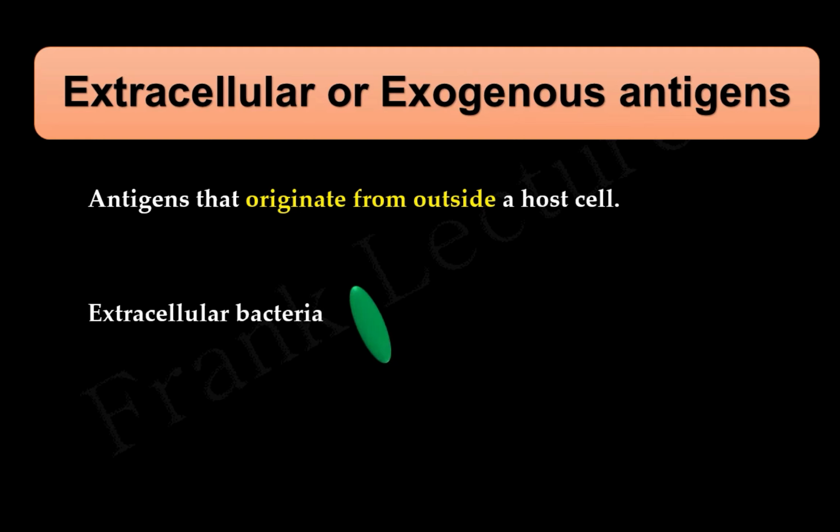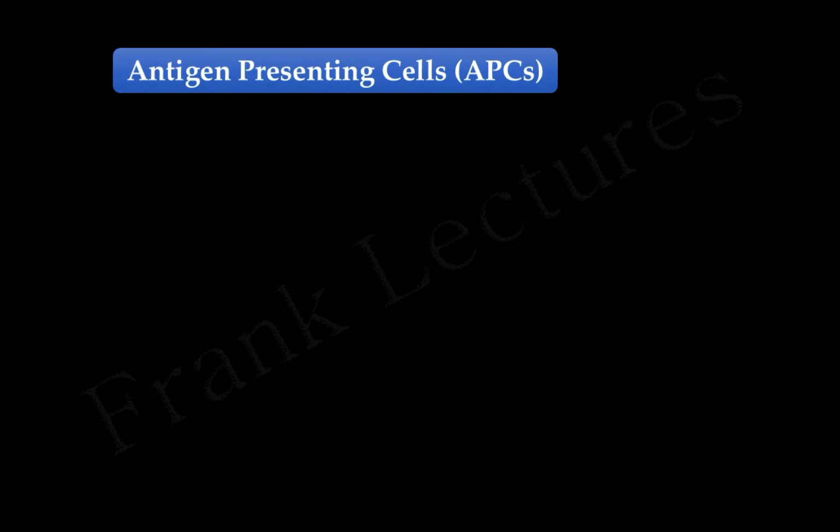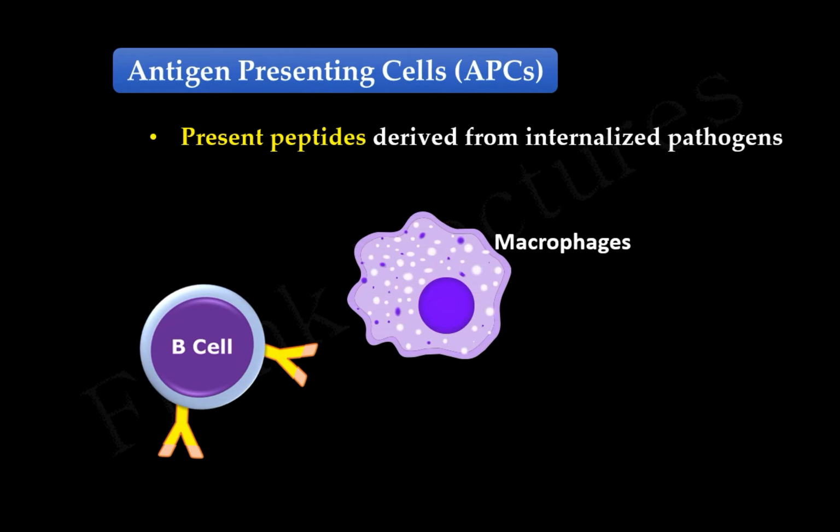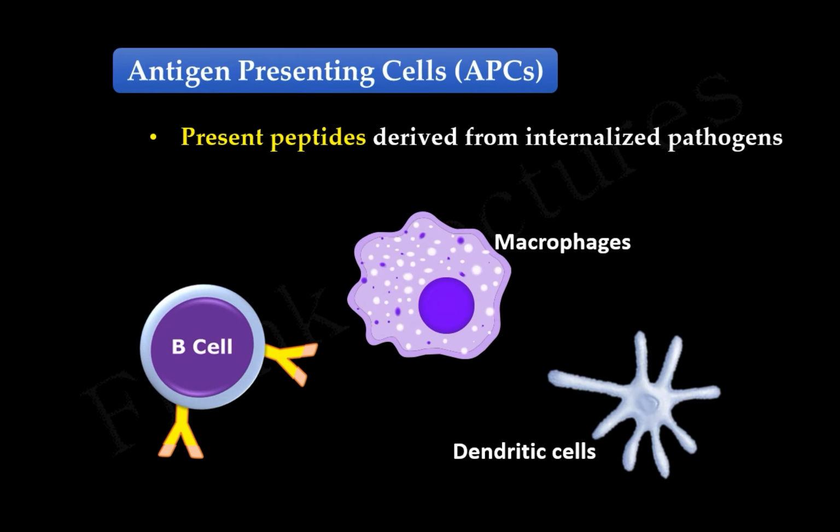These antigens are taken inside by cells either by endocytosis or phagocytosis. The cells involved in this pathway are antigen-presenting cells. Recall that antigen-presenting cells are phagocytic cells which present peptides derived from internalized pathogens. These include B cells, macrophages, and dendritic cells.